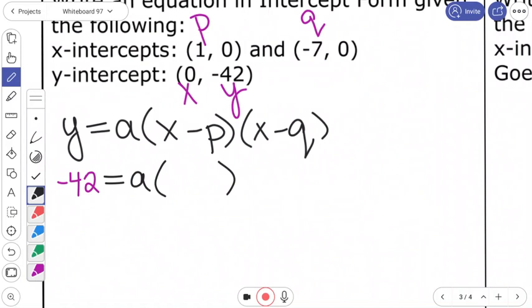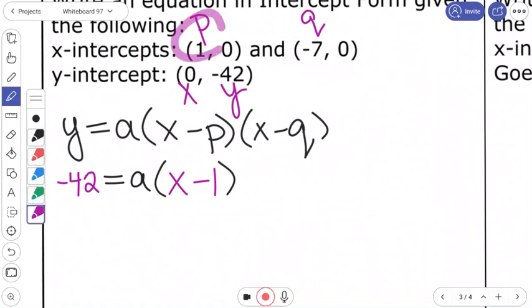But when we sub in our x value, it happens to be 0, and our p value is 1. So that's going to be x minus 1. Because this is a minus right here, the symbol that we use, whether it be a plus or a minus, is always going to change. See up here how our p value was a +1? When we sub it in, it's going to be x minus 1.